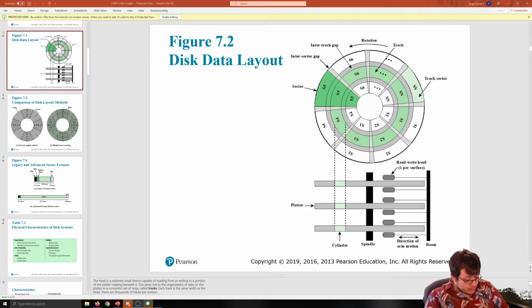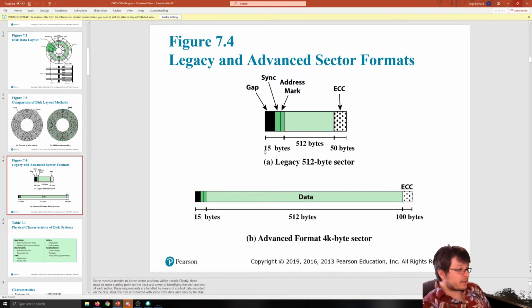Okay, that pretty much covers the beginning of this. We'll go back to the error code thing when we talk about RAID. They also talk about how much data to store per sector and things like that, so I'm not going to go into that in detail. You can look at it in the book. But essentially, you need a gap between each piece of the sector, again to separate the magnetic material. Then this little sync is a flag to the head that you're getting to this specific sector.